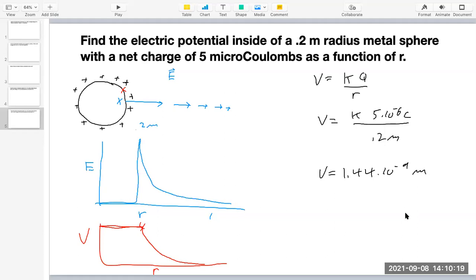And as long as R is less than 0.2 meters, there is no R dependence at all.